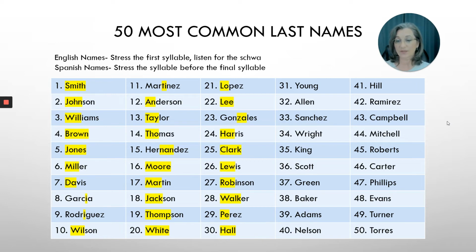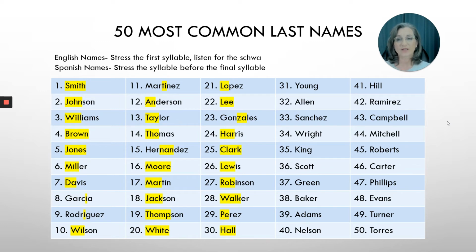Johnson, Williams, Miller, Davis, Wilson, Anderson, Taylor, Thomas, Martin, Jackson, Thompson, etc. So you can see that's the pattern. I haven't found anything that goes against that pattern except for the Spanish names.